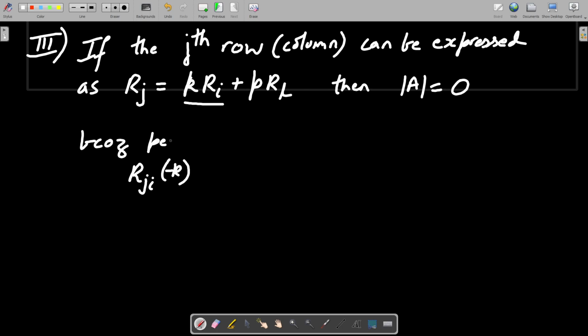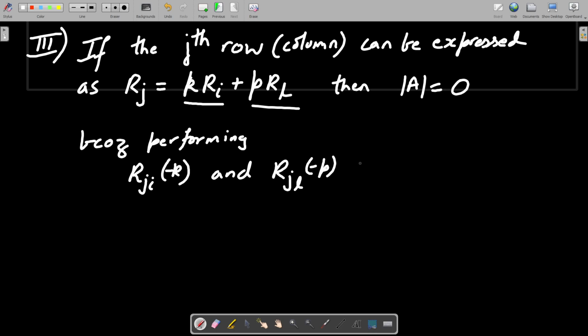Performing this, and what is the other operation I should perform? From the jth row subtract the lth row, minus p times. Okay, so jth row subtract p times, or add minus p times the lth row, right? So this term will also cancel.